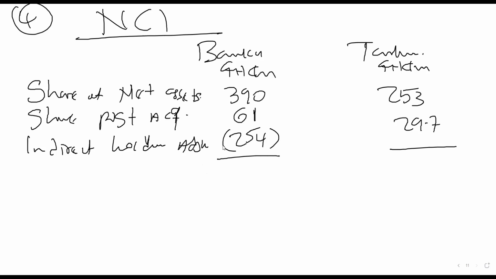The indirect holding adjustment, right? Yes. Because the first one we started from Takrade and now we are starting from this side, Bokun. Over there, we're calculating goodwill. Goodwill of who?